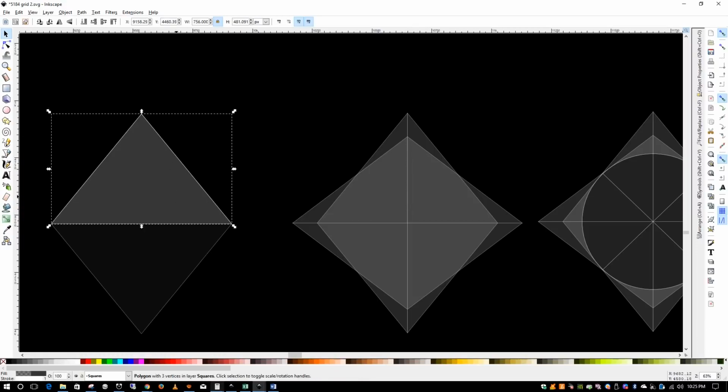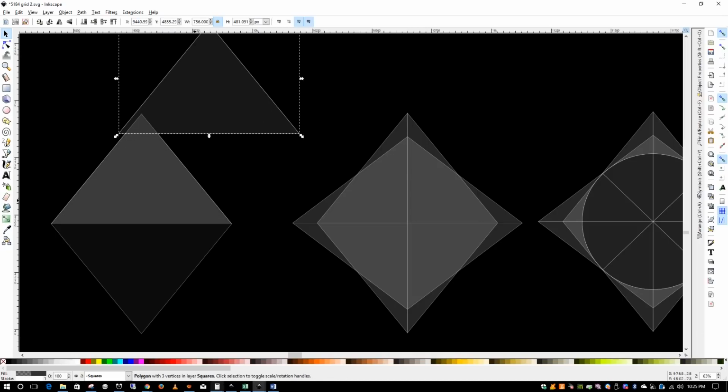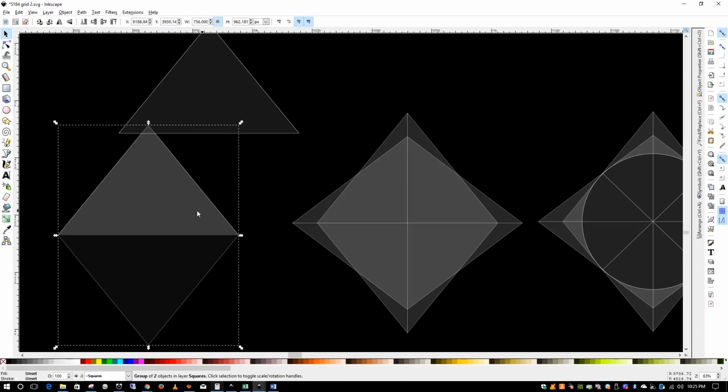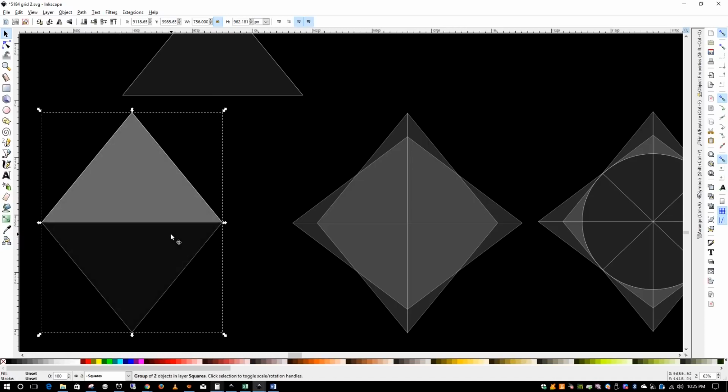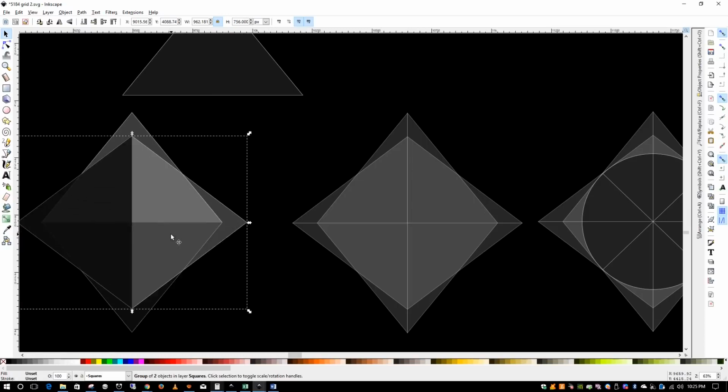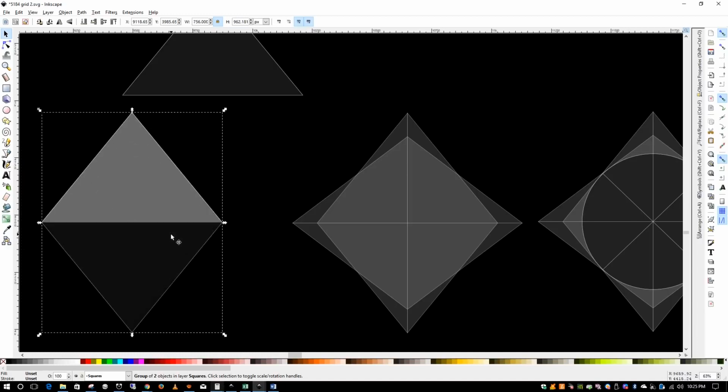Well, if we take this rhombus right here and we duplicate it and turn it on its side, then we've got 2 of them now, and we're showing a lot more information because now we're showing an inner circle and an outer circle.